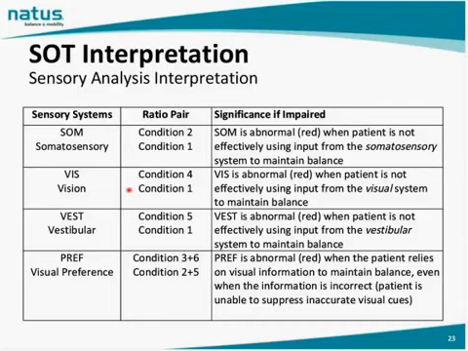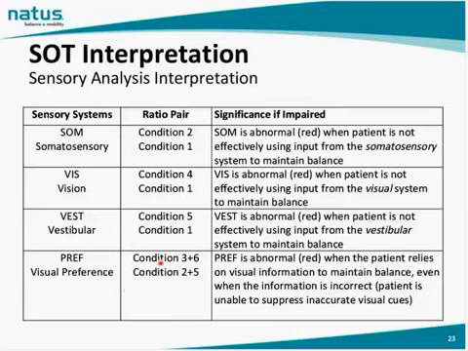And then you can start talking about whether or not the somatosensory system was being used effectively, the visual system was being used effectively, the vestibular system was being used effectively, or the patient had what's known as a vision preference balance problem. A lot of patients have vision preference balance problems.